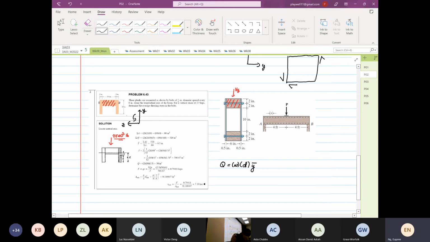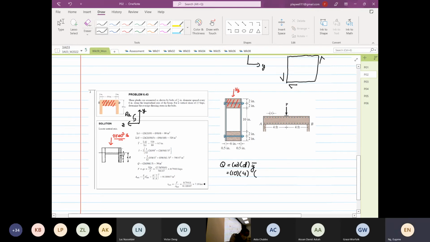I say yes. So the width will be 10, sorry. The depth will be 4. The y bar, we are taking from the top.